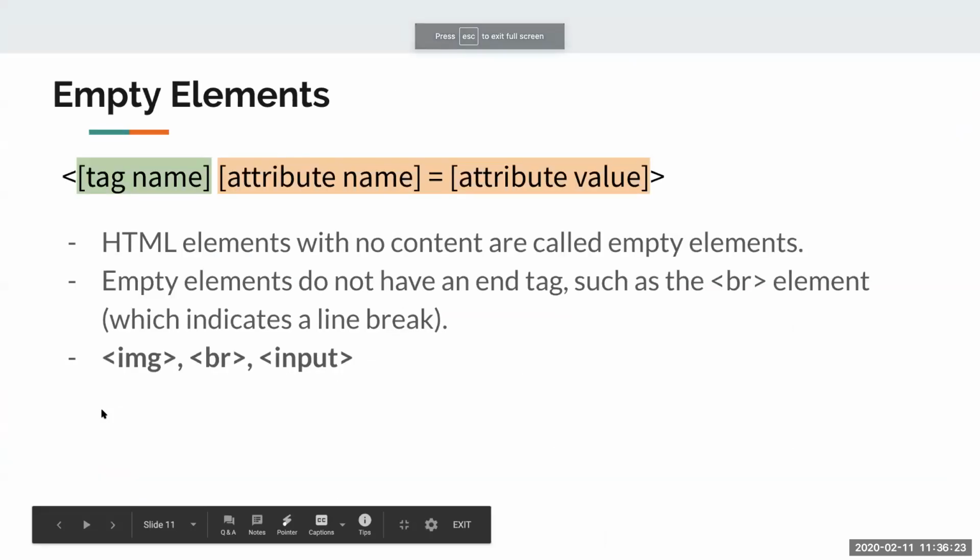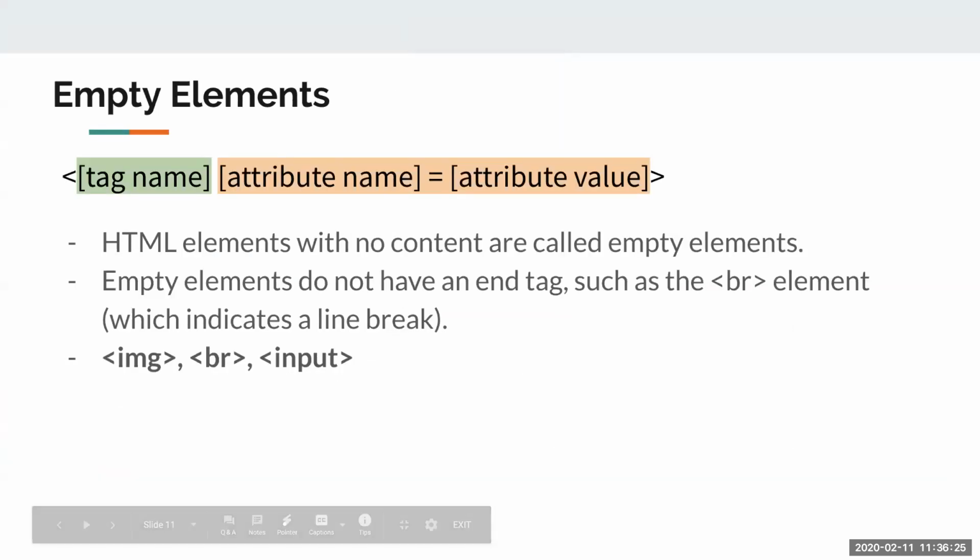Okay, another thing that we looked at last time was empty elements. An empty element is an HTML element that has no content, so you don't have to close it because it does not wrap around anything at all.